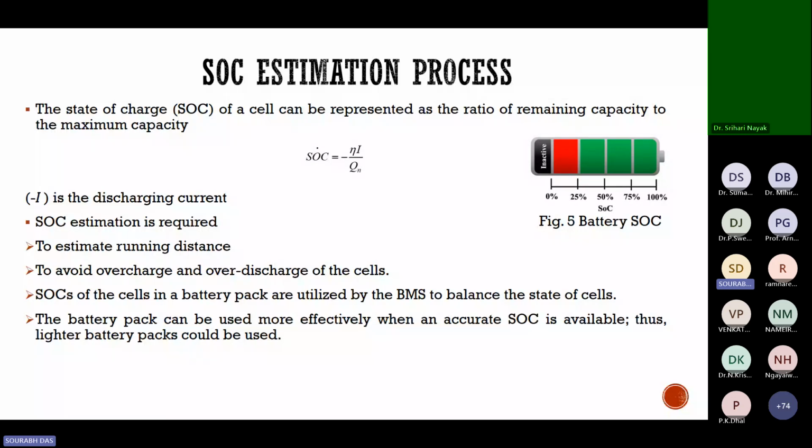That's why it may not be usable further for charging or discharging, so it will reduce the lifespan of the battery. SOC estimation helps the battery management system ensure that the battery operates within the safe operating region. Then the cell balancing.